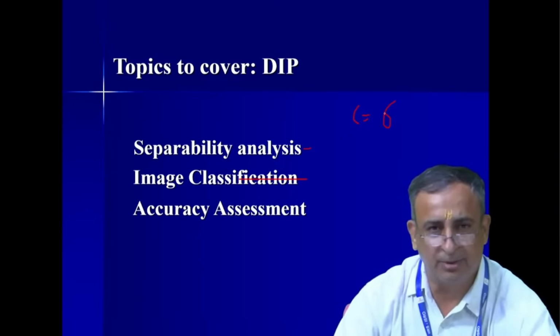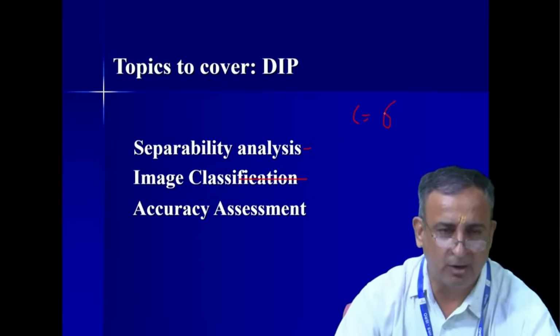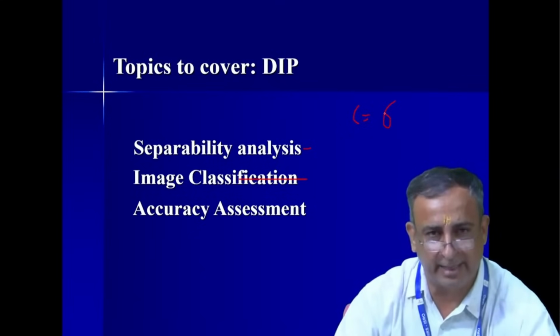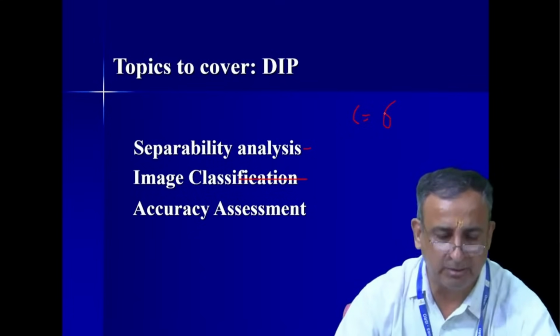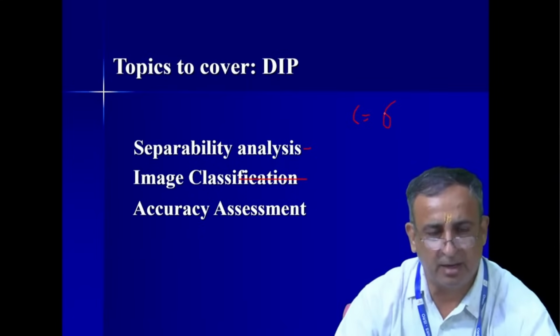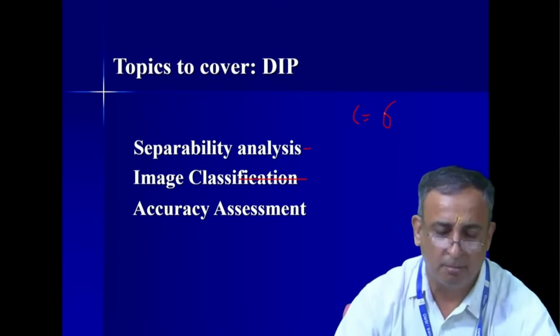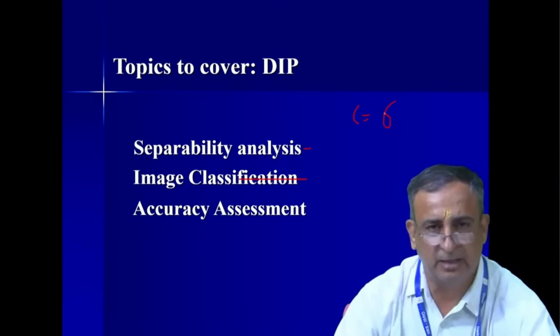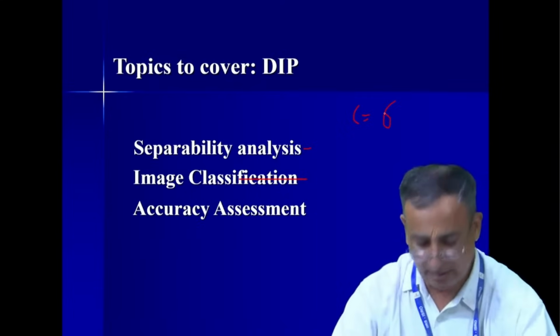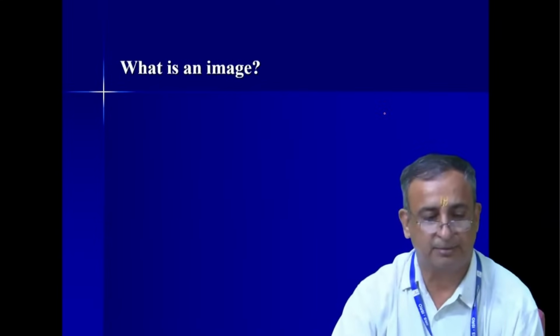So to cut down the time and find out the optimum spectral bands which can give maximum separation between the classes we are trying to map, the answer we can get through separability analysis.